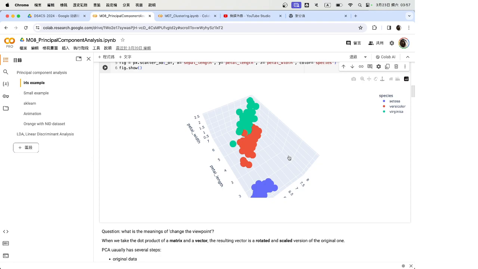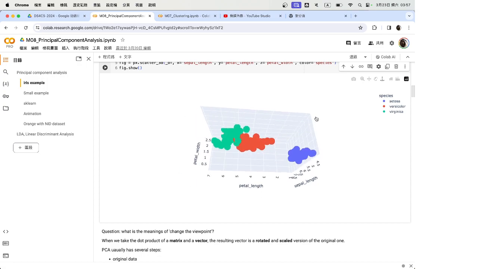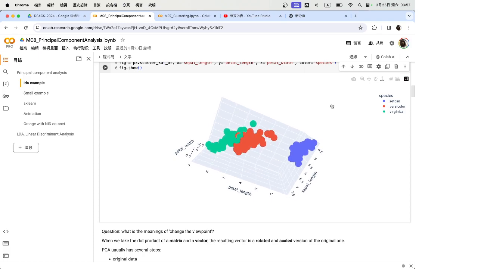But what kind of rotation do we prefer? If there's a new axis like this one, then visually we prefer it, because the data points on the new axis seem not to overlap.